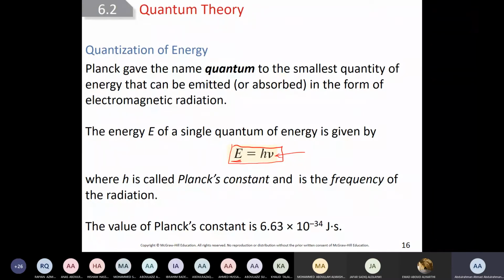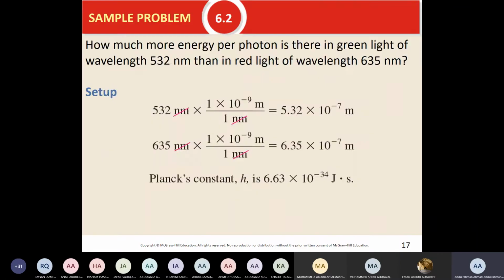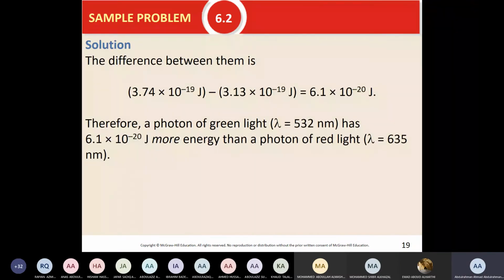And the most important thing in this equation, what is h? Planck's constant. You must memorize the name. Don't memorize the number, it's available in your periodic table. What I want you to know very well is the name of the scientist. Okay, good.